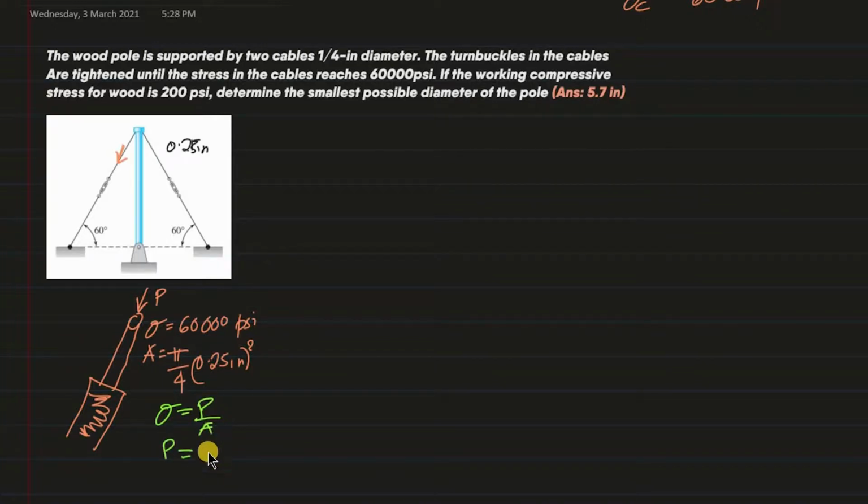Thus, P is equal to area times stress. That's equal to 60,000 pounds per square inch times the area, which is pi over 4 times 0.25 inches square. Magka-cancel yung inches dyan. So, let's now solve for the value of P. Grab our calculator. That's 60,000 times pi over 4 times 0.25 square. Then we have 2945.